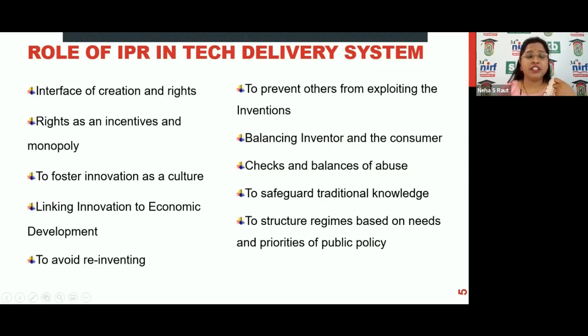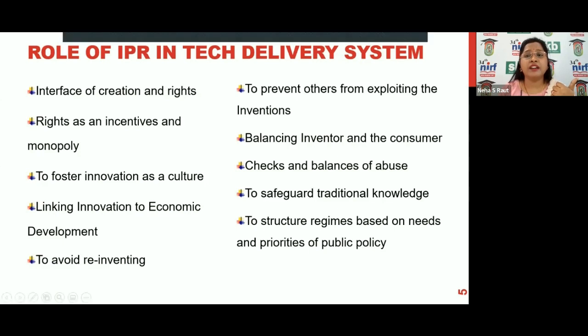Because it is protected under the IP, it is published through the IP India website, and it prevents others from reinventing. It also prevents others from exploiting the invention. Nobody can prepare the same device having the same design of any particular company, say Apple.